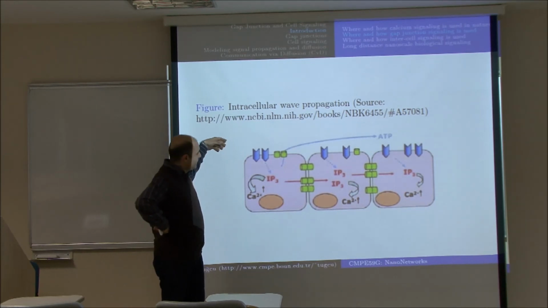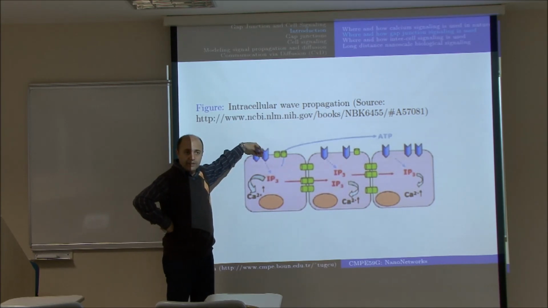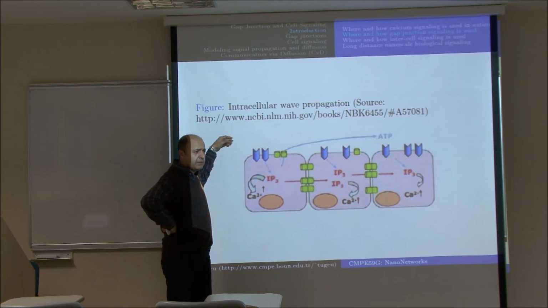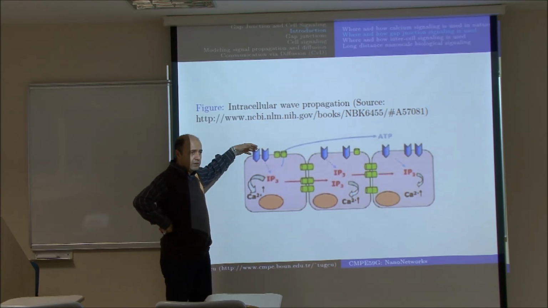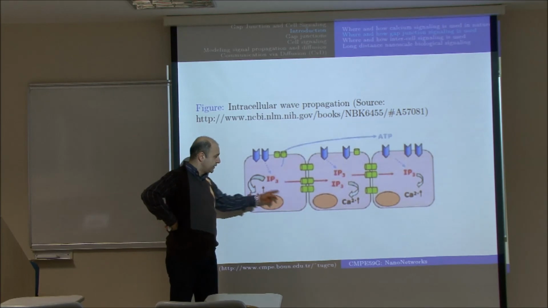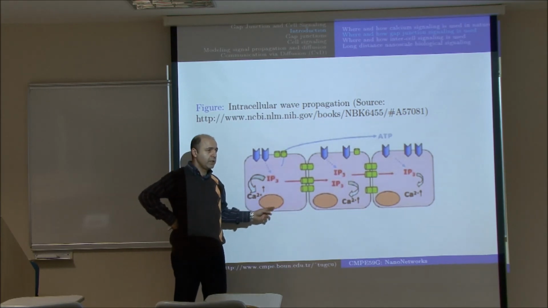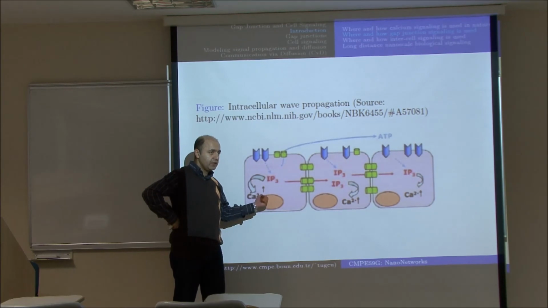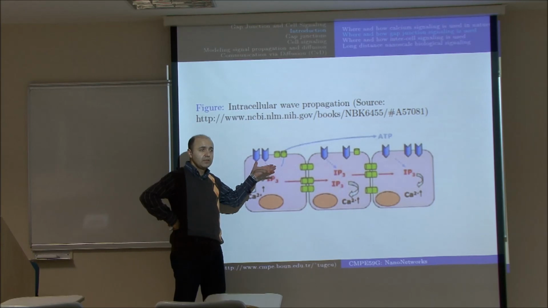What you can do is, we will have this in more detail later on, an outside coming signal, messenger molecule, will trigger the release of IP3 molecules here, and this IP3 molecule will trigger the calcium pool here, like the endoplasmic reticulum, which will release the calcium it has. So the concentration of calcium inside the cell will increase. And this will trigger the creation of more IP3 molecules.